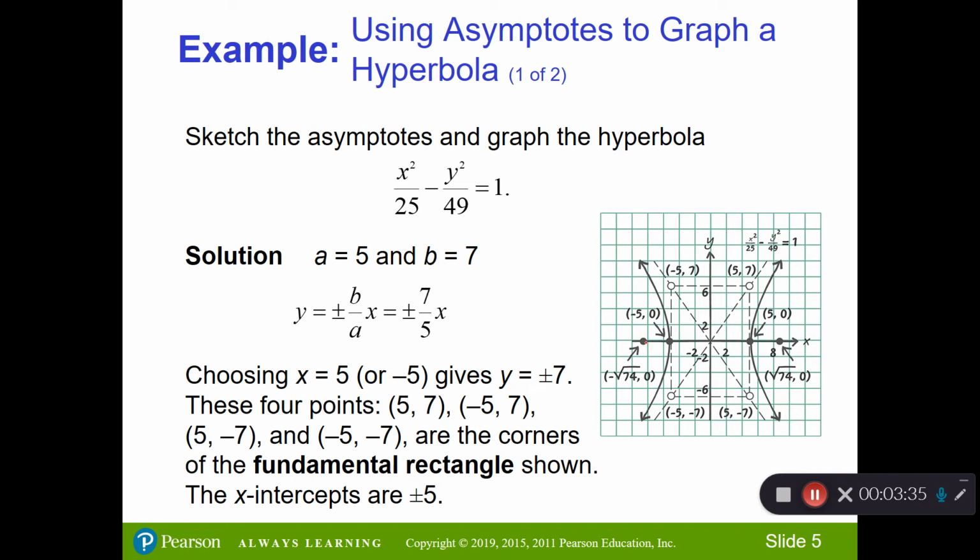To get the focus, remember, I'm taking what's here, 49, plus what's here, 25, and then square rooting it. Moving that far away from the center in both directions gives me negative square root of 74 and positive square root of 74.